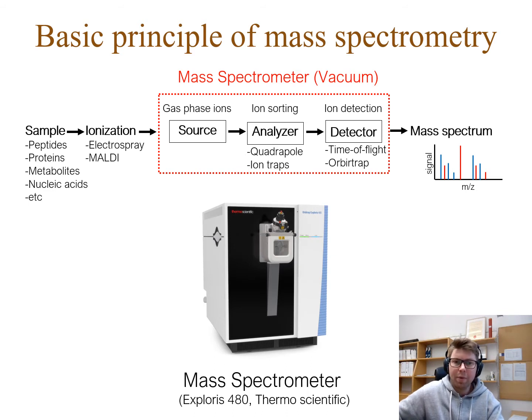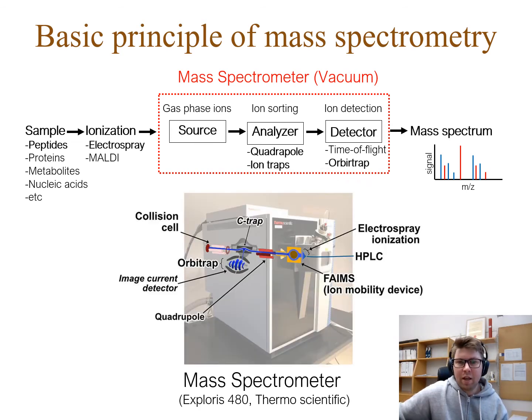And as an example of how these instruments can look, I wanted to showcase the Exploris 480 mass spectrometer offered by Thermo Scientific. This system is based on electrospray ionization. It has both quadrupoles and ion traps for ion sorting, and uses the Orbitrap technology for ion detection. And here is a more in-depth view of the Exploris 480 mass spectrometer.